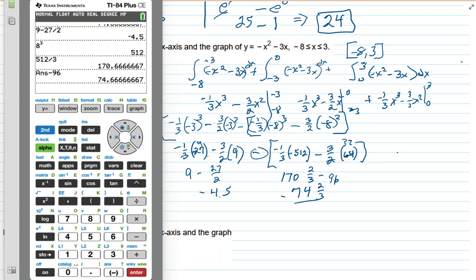All right, all right. So we have that. That's a negative, so that makes it 79 and let's see, 2/3, that's 15. Oh, it's 15ths. Okay.